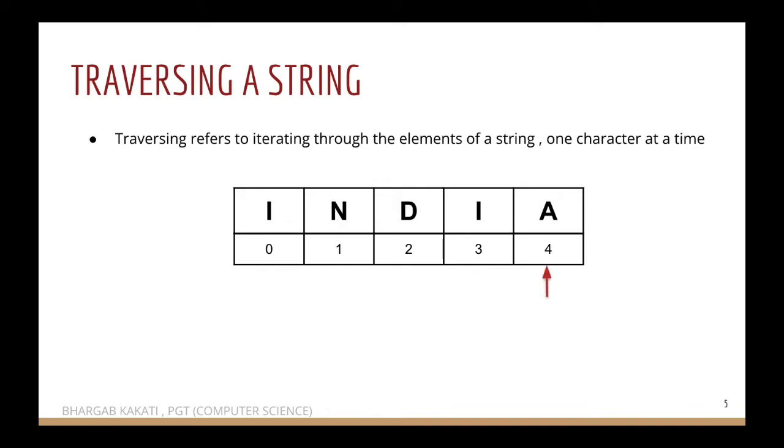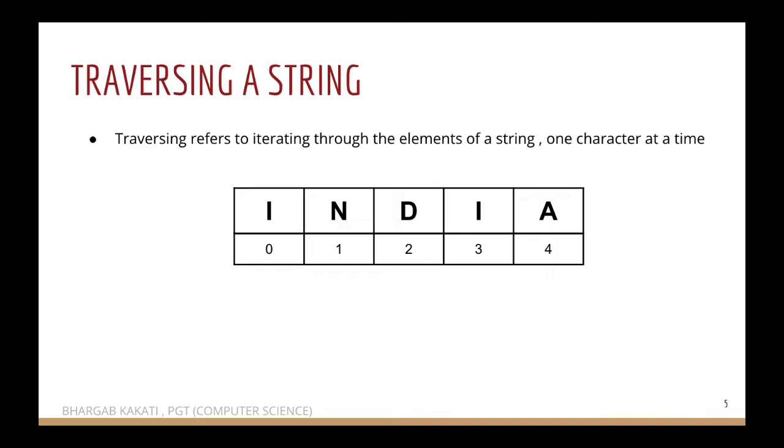Now here what I am doing, I am visiting each and every element of the string one character at a time. So if I visit each and every element of a string one character at a time, then it is known as the concept of traversing a string.